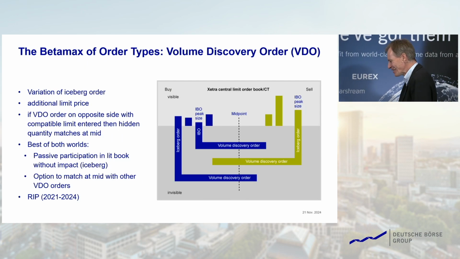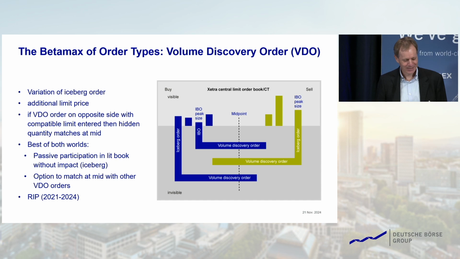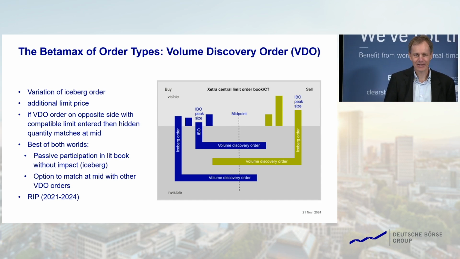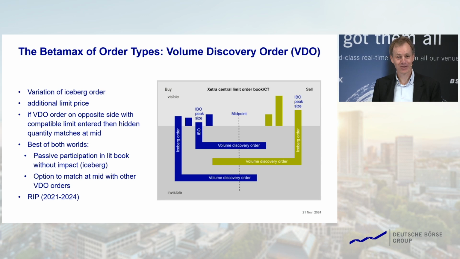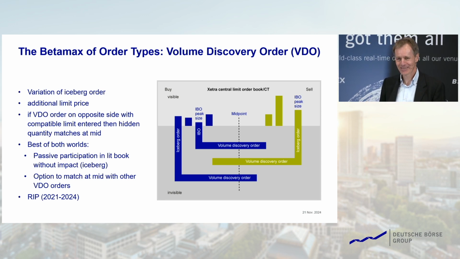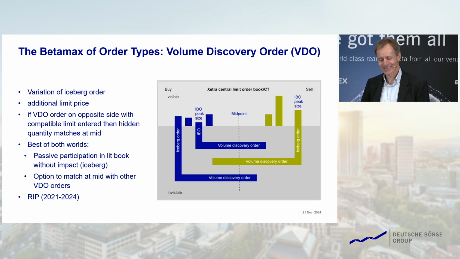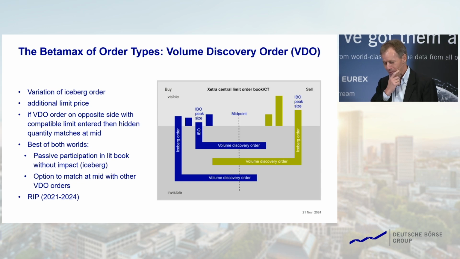And I think the best solution that used to be out there, I call it the Betamax of order types, because it was technologically superior, but for some reason the market was wrong and didn't adopt it, was the volume discovery order that existed on Xetra. It was kind of a genius concept.